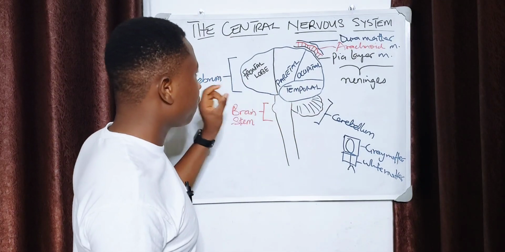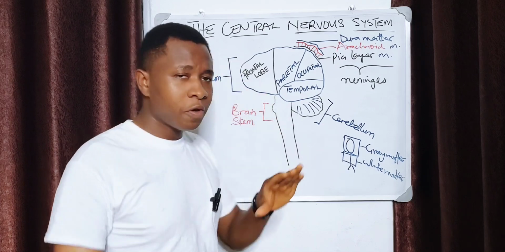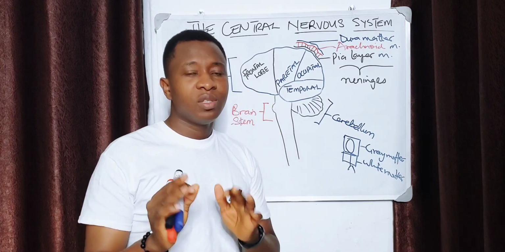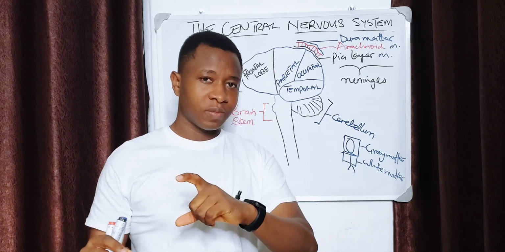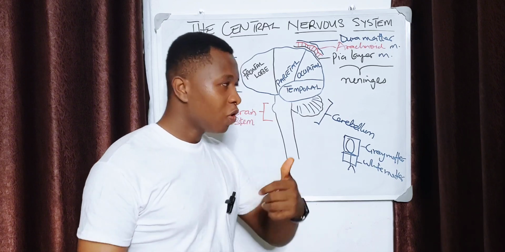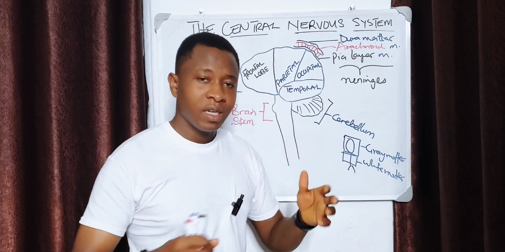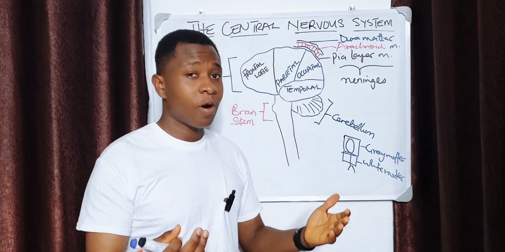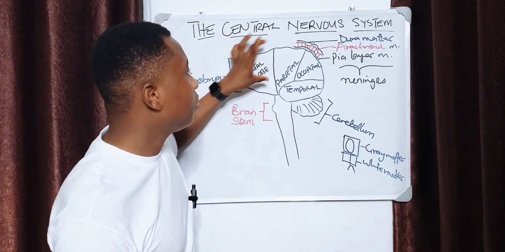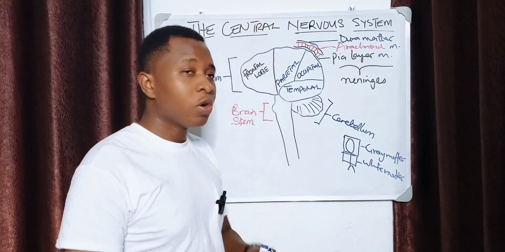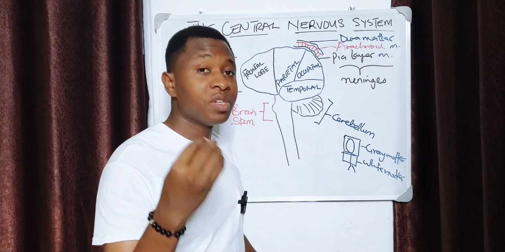So looking at the cerebrum now, the frontal lobe, what's the function of the frontal lobe? It is actually a seat of consciousness. It is made up of the motor cortex, which is responsible for conscious activities like singing, dancing, sitting, standing up. It's all controlled by this part of the brain. Now, moving to the parietal lobe. The parietal lobe contains the somatosensory cortex.